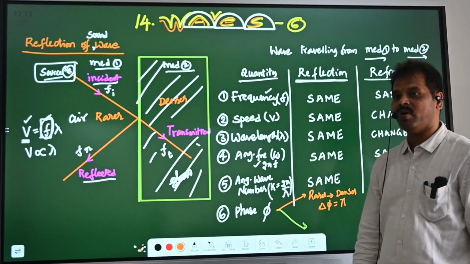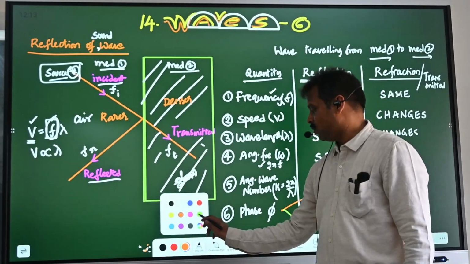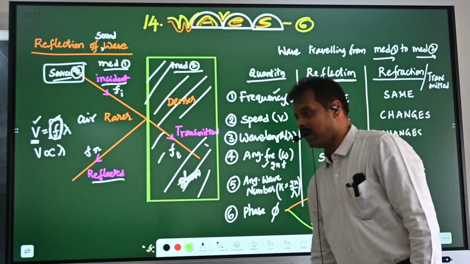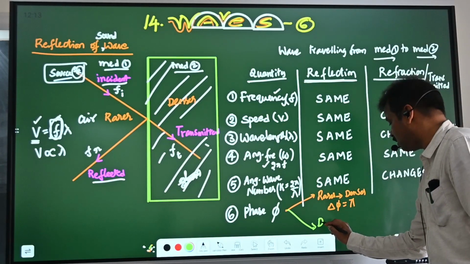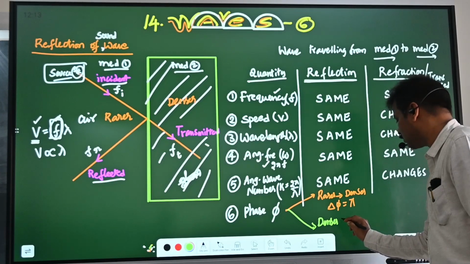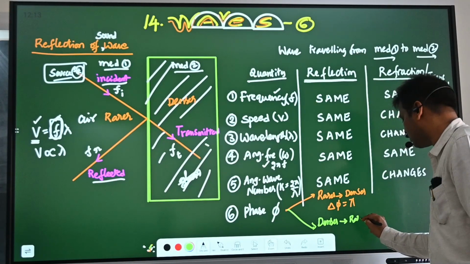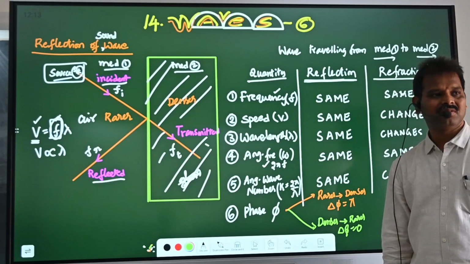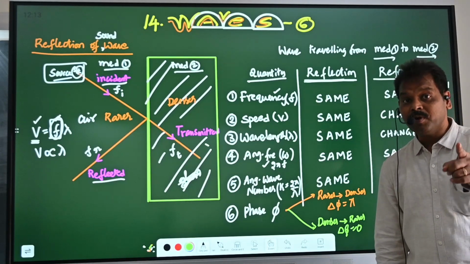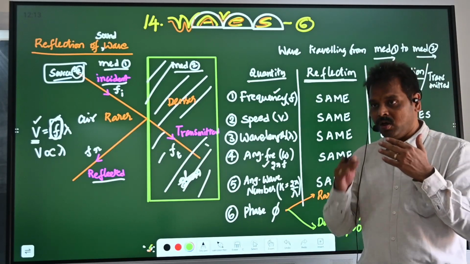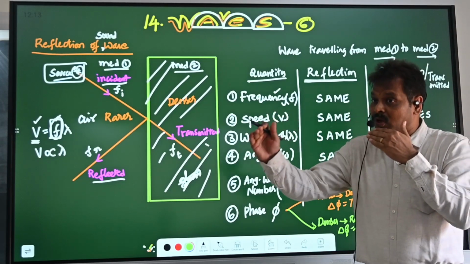Pi radians or 180 degrees. Now, if it is from denser to rarer, delta phi is 0. No change. Phase won't change.